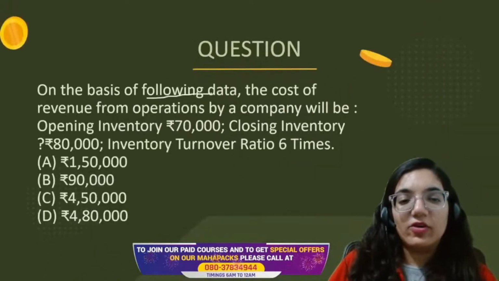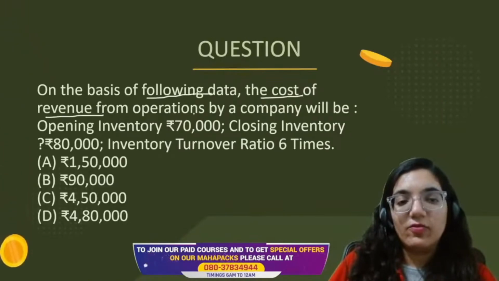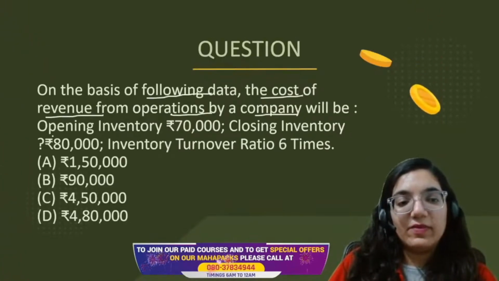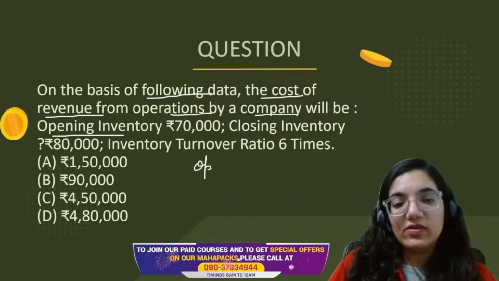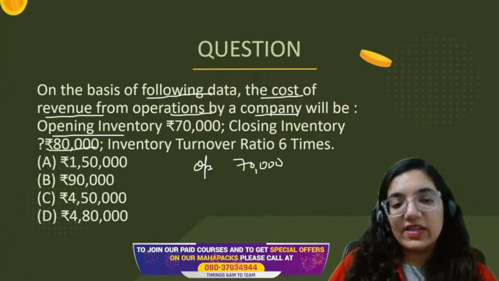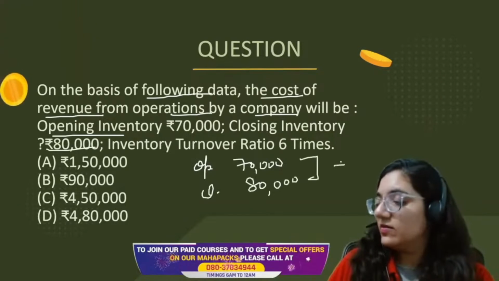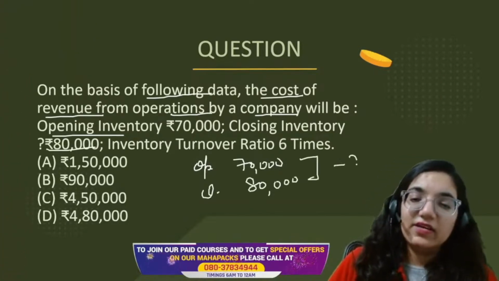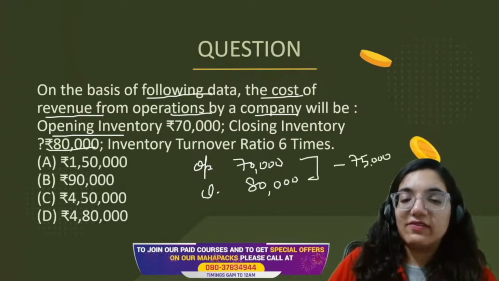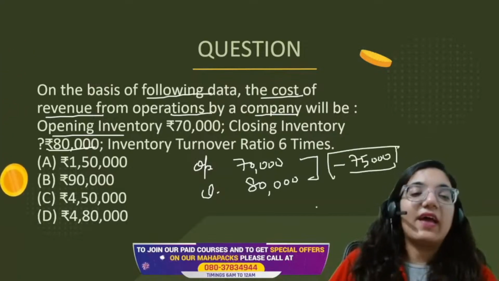On the basis of the following data, the cost of revenue from operations by the company will be opening inventory. Opening is given 70,000. Closing is given 80. So what is the average everyone? 70 plus 80 divided by 2 will give us 75,000. This is my average.